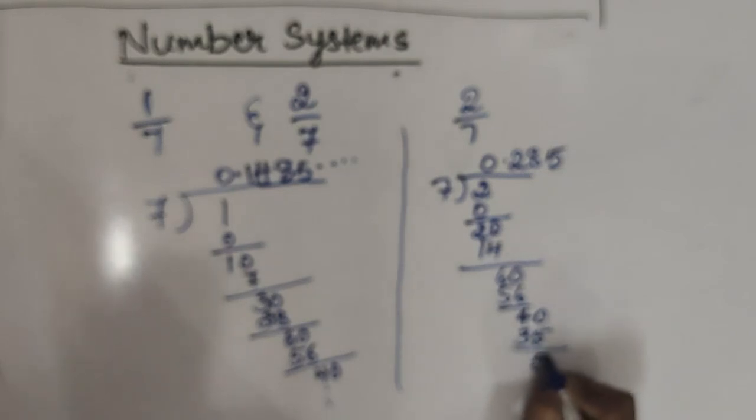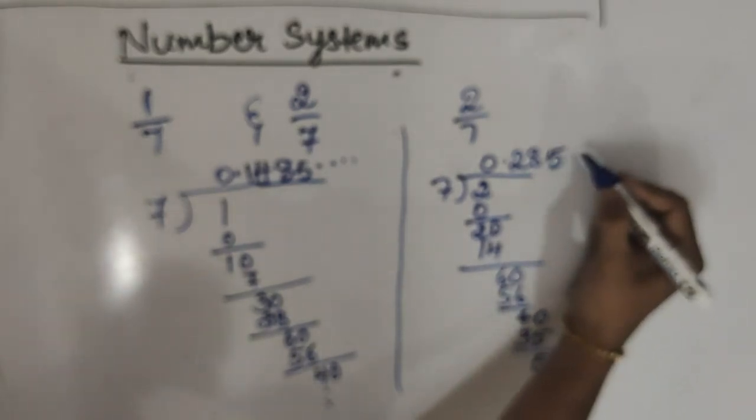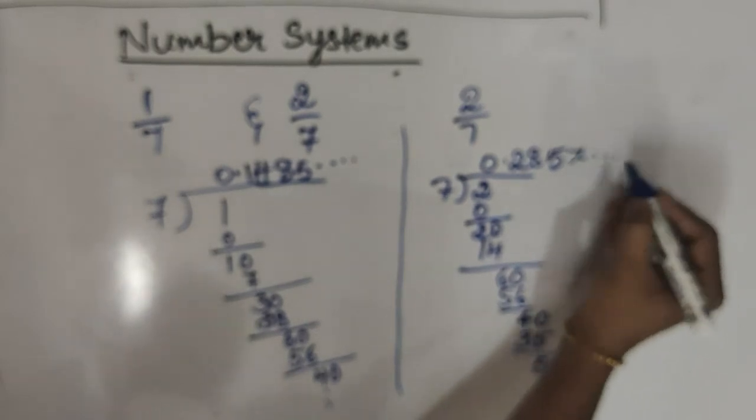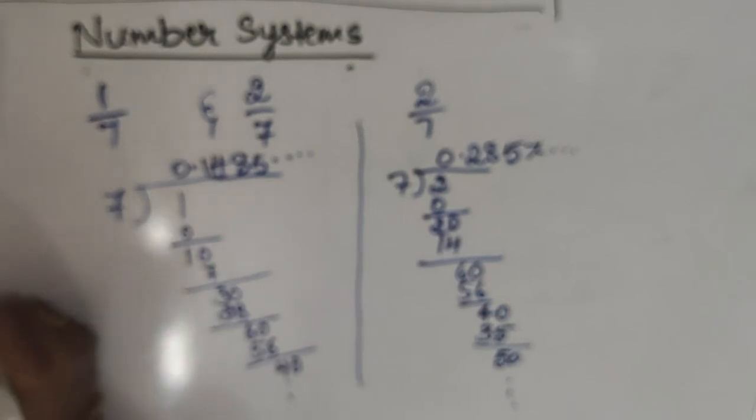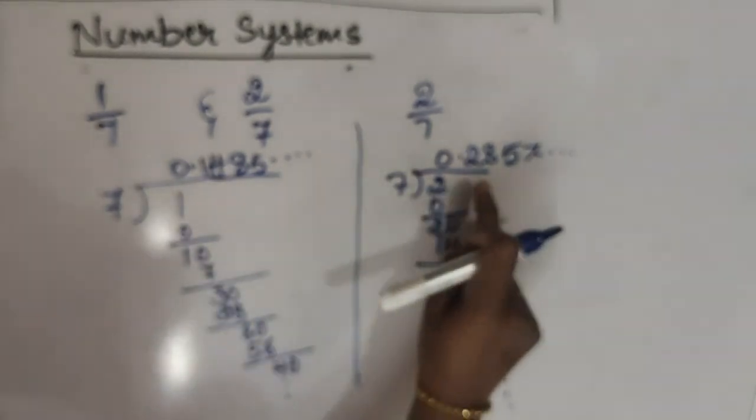Next again 5, 50, 7 7s are 49. Enough. You continue this one. Okay. Now the numbers are, first one is 0.1428, and the second is 0.2857.